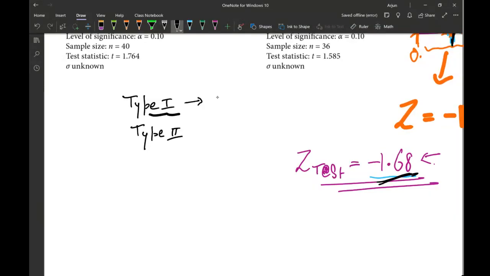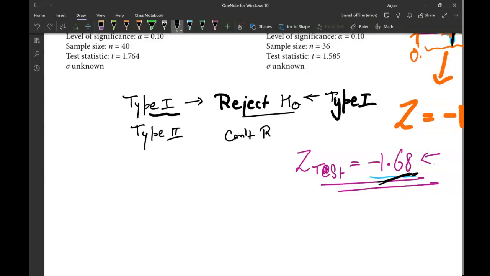So type 1 error is if you reject the null hypothesis H0, then that is a type 1 error. If you can't reject the null hypothesis, then it's a type 2 error.